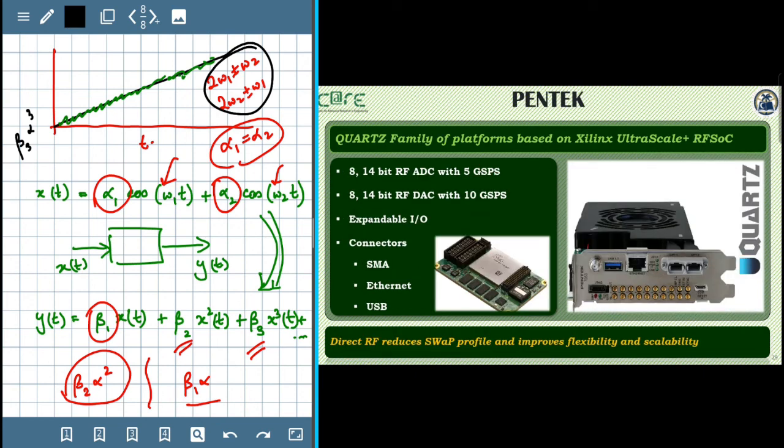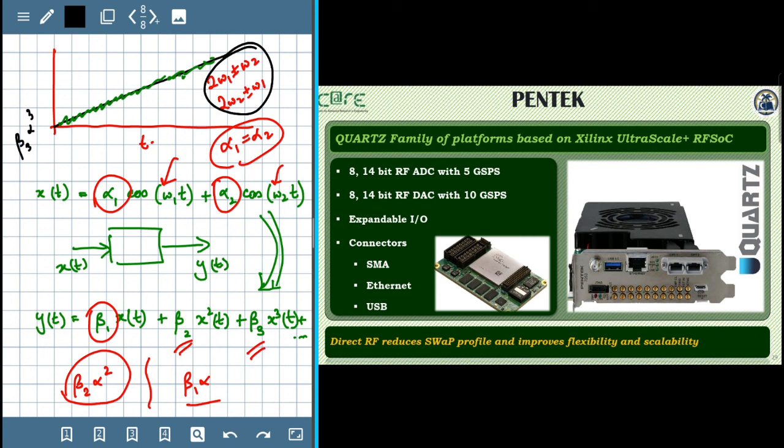Pentek is another big industry leader in this field. Pentek has been introducing the Quartz family of platforms. It is also based upon the Xilinx UltraScale Plus RF SoCs, and the generation that we have listed here has 8 RF ADCs and 8 DACs with 5 and 10 gigasamples per second.